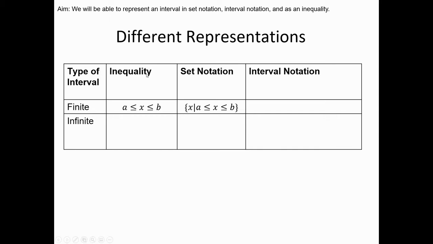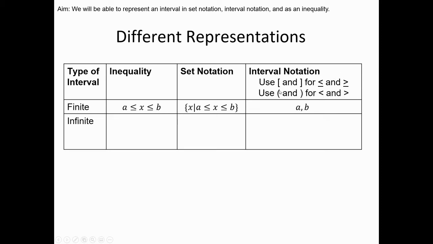Now, once again, both of these might feel like there's a bit too much effort, like I'm writing too much. Well, at some point, mathematicians decided to be lazy, and they thought, hey, do we even need these x's? Couldn't we just have an a and a b, our start and a finish? And the answer is yes. And they actually use brackets for this, where they would use these hard brackets to represent if it includes the a and the b.